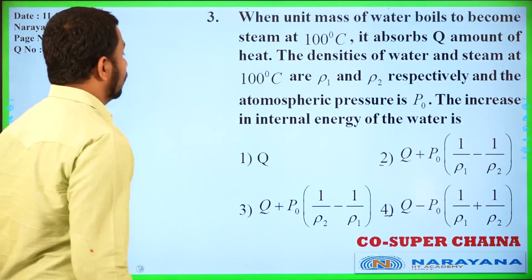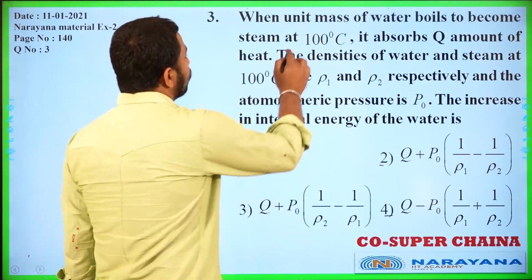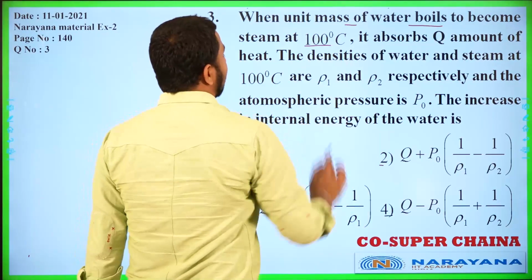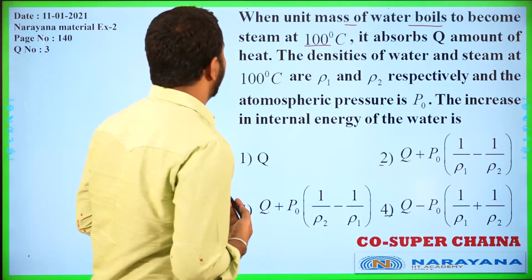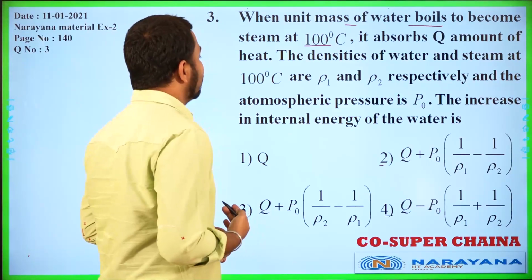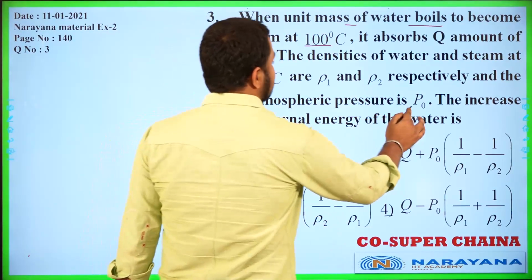If you see here, this is previous year question, again very important. When unit mass of water boiled to become steam at 100 degrees Celsius, it absorbs Q amount of heat. The densities of water and steam at 100 degrees Celsius are ρ1 and ρ2. The atmospheric pressure is given as P naught.